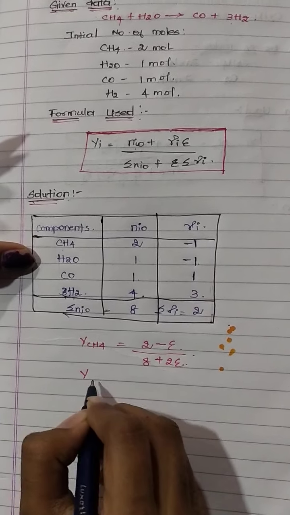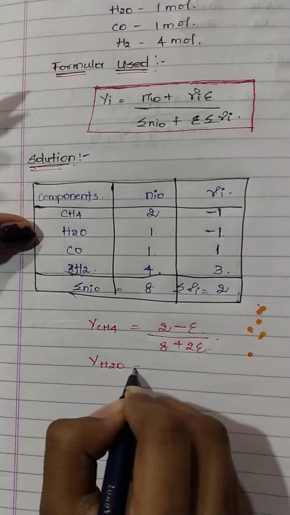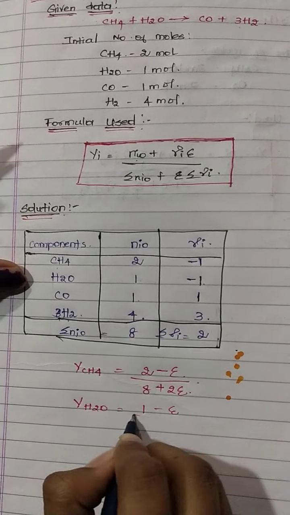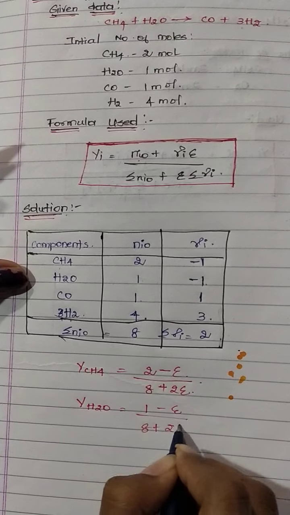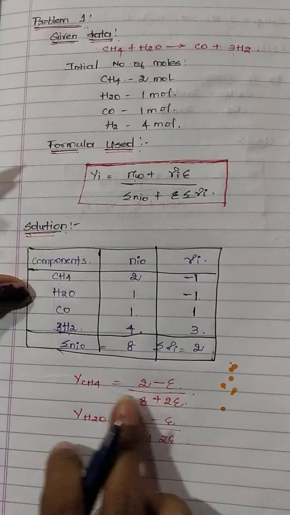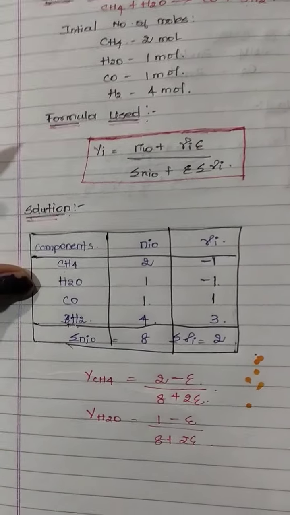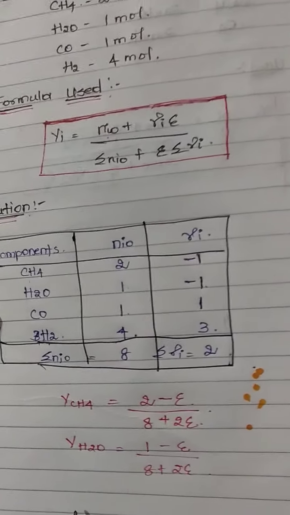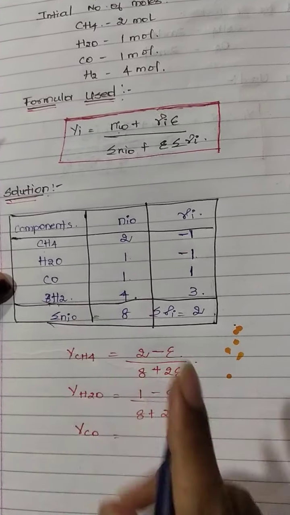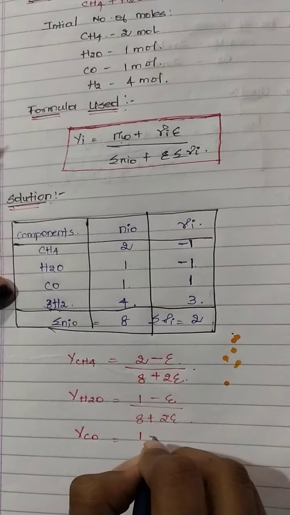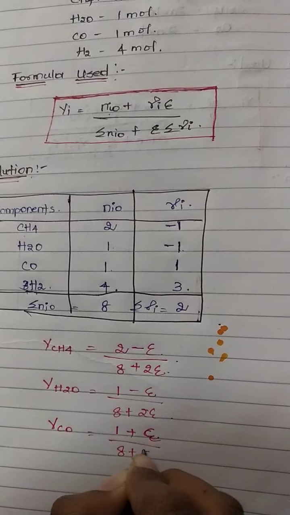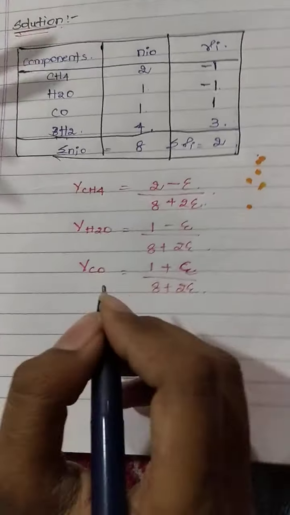Similarly, for YH2O it will be 1 minus epsilon over 8 plus 2 epsilon. I just copied from the previous one, but if you write it wrong in the first equation, it will go wrong for all the equations, so cross-check once to get the right one. Similarly for YCO, 1 plus epsilon over 8 plus 2 epsilon.